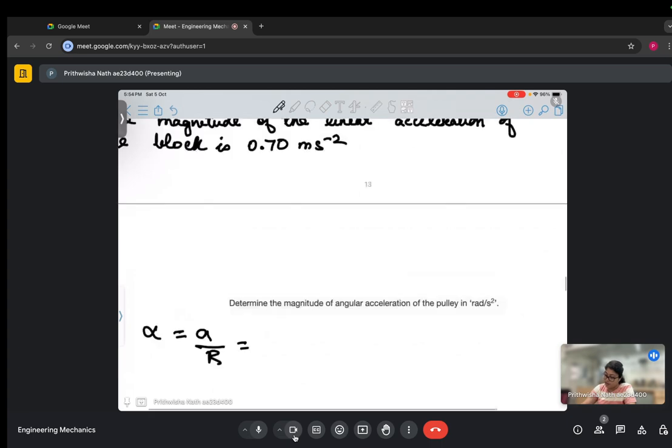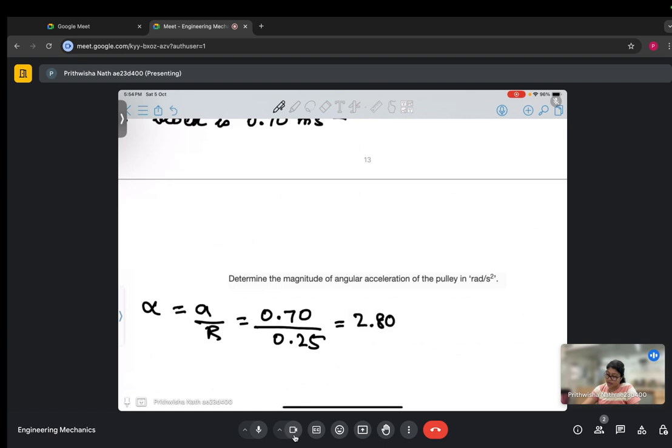So 0.70, r is given as 0.25. So from here alpha is 2.8 radian per second square.